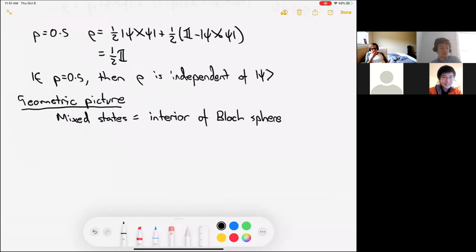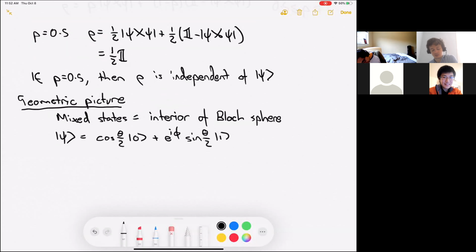But recall back in lecture 3, I think, we noted that any state psi, after multiplying it by a global phase, you could always get it into the form cos(theta/2) times ket 0 plus e^(i phi) times sin(theta/2) ket 1.